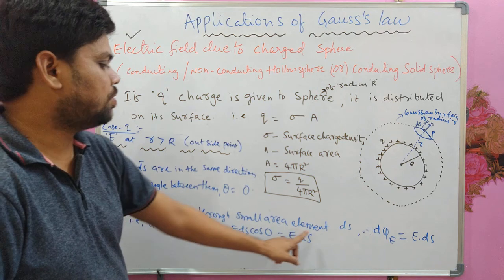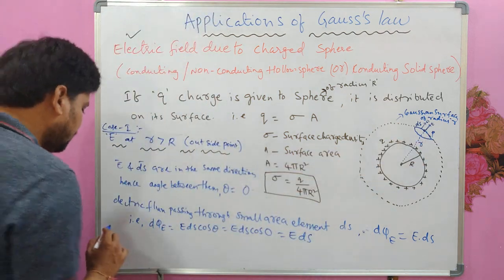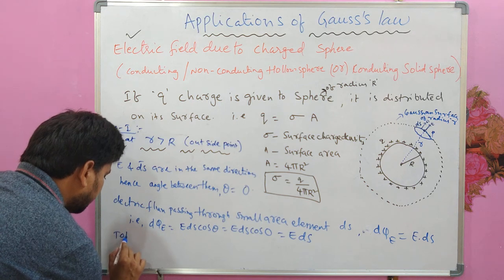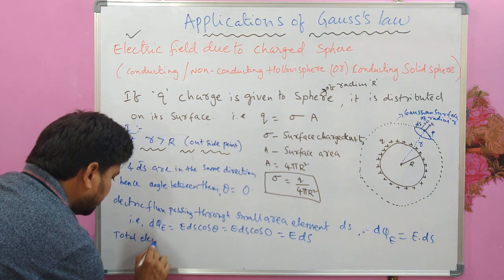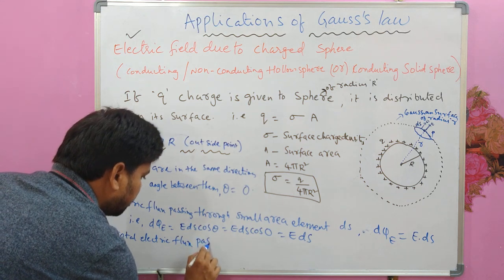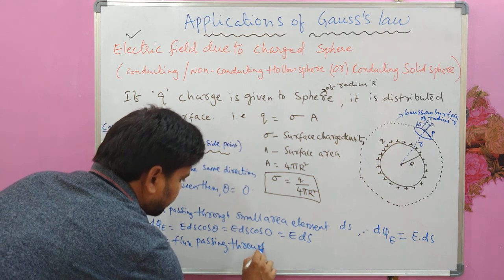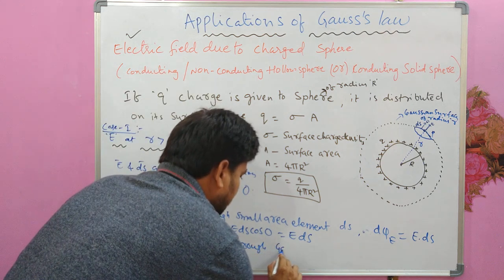That is the electric flux passing through the small area element. Okay, so the next step: the total electric flux passing through the Gaussian surface.